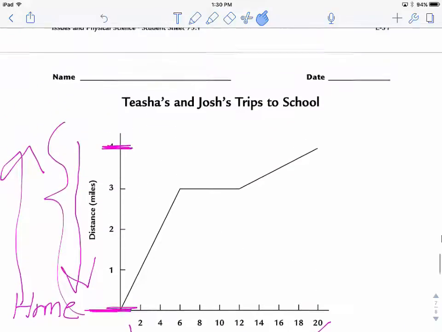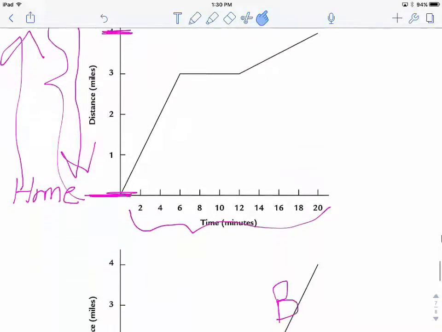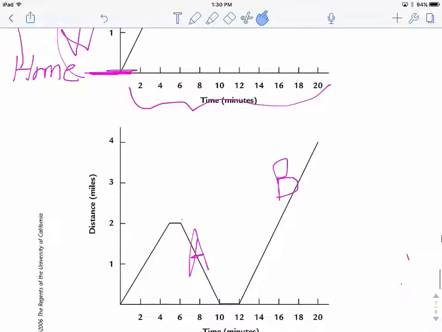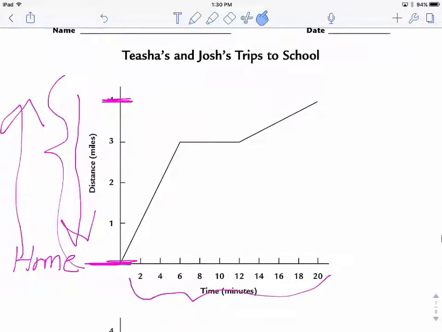Haley, where do we have a car stopping for 6 minutes? You got it. Which line? First, second, or third? Second. Perfect. Right here. Stop at 6 and at 12. That's 6 minutes. Okay. Good job.